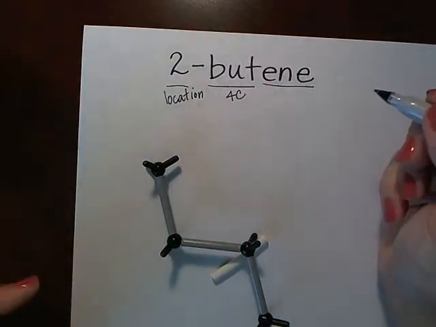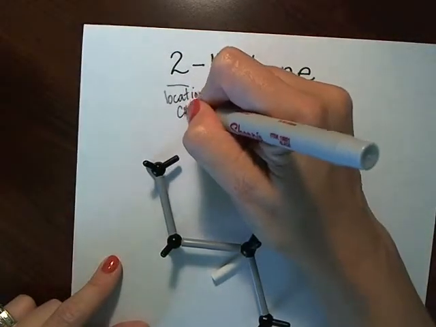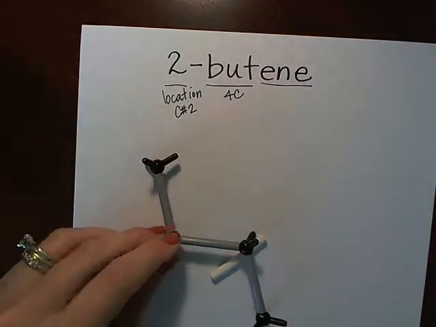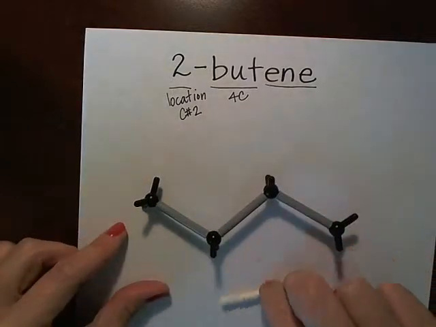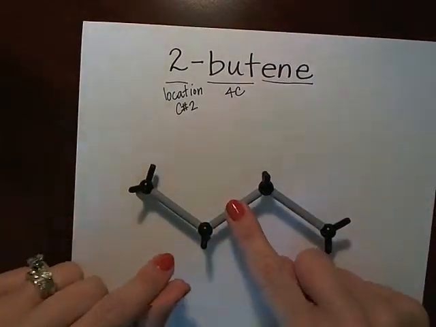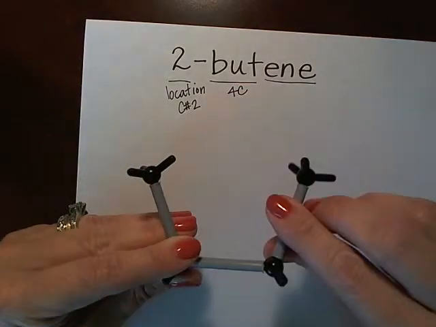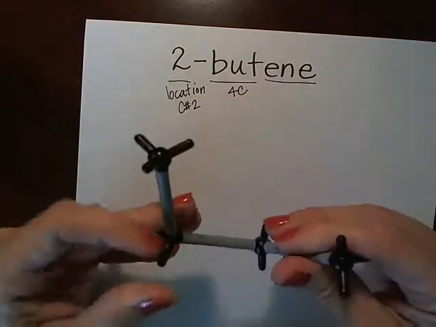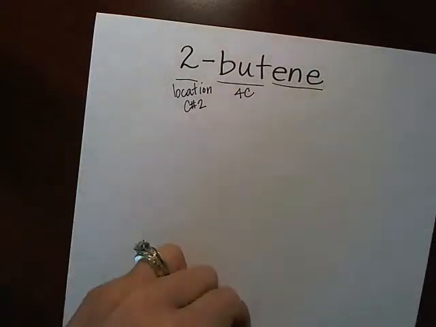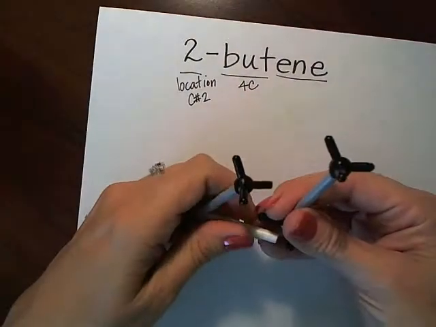The double bond is located at carbon number 2. So what I've done first is built for you just a butane molecule. All right, so what we know is that this single bond, where we obviously could have rotation, instead we have a site of unsaturation. So we have a double bond here.